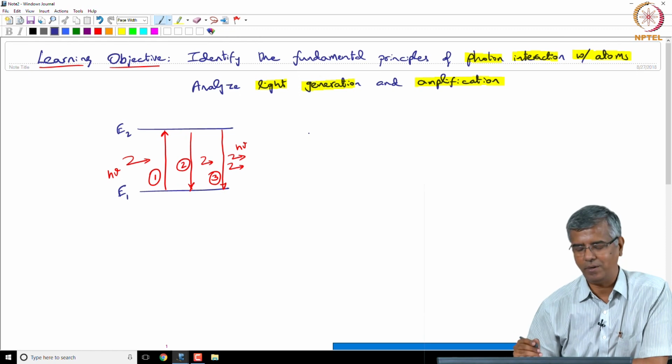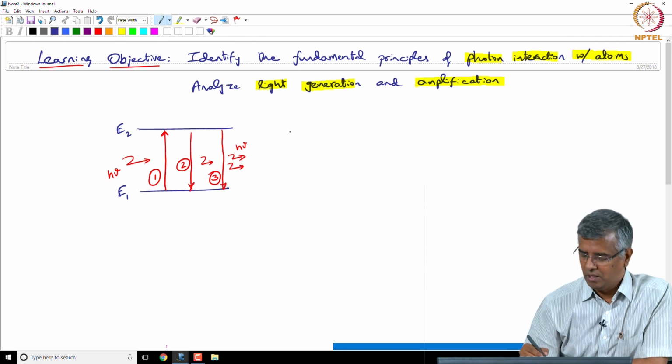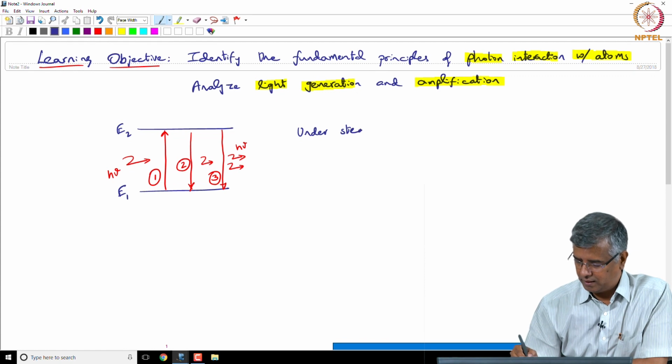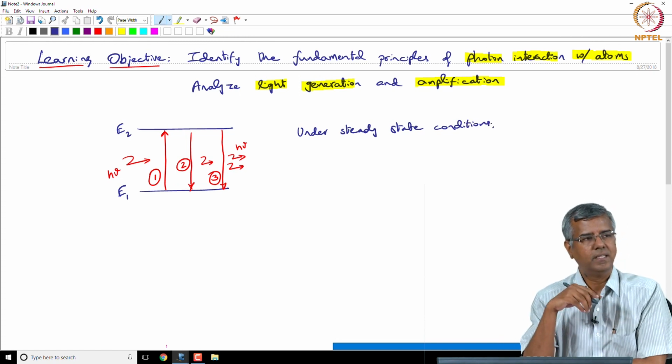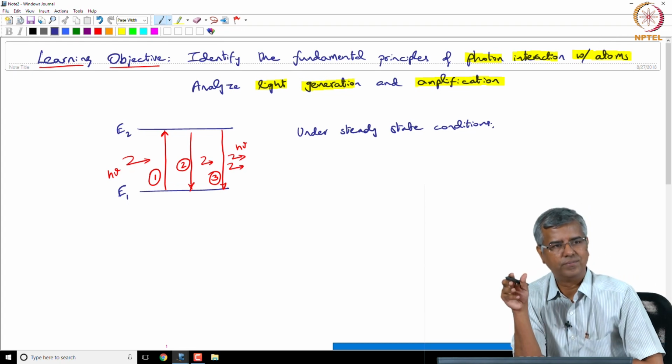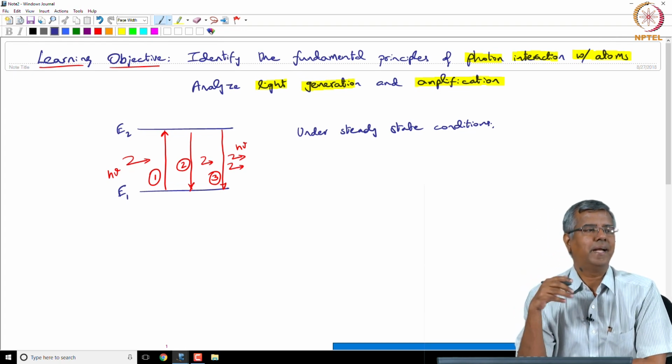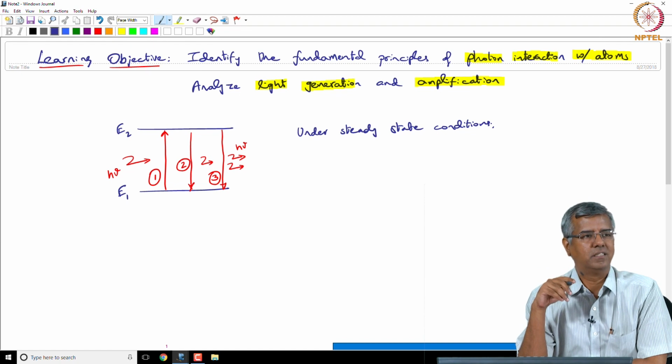Okay, what is a rate equation? We are tracking the rate at which all these three processes happen. So, we will write under steady state conditions. What do I mean by steady state conditions? This is happening continuously, so the rates do not change.